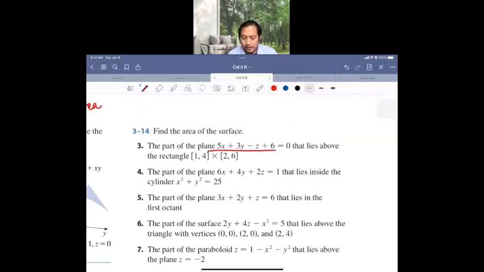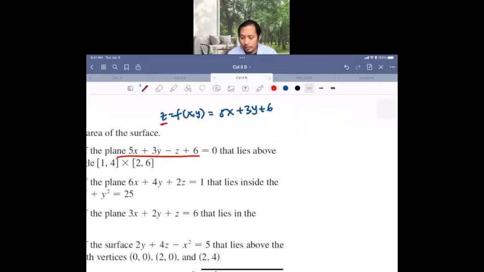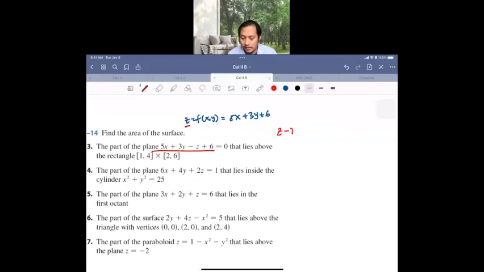This is the plane, which means if we let z as a function of x, y, then we could rewrite this as this, right? And remember that if we have z, then I hope you remember the tangent plane formulations.